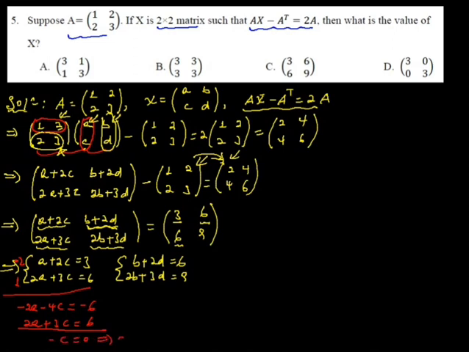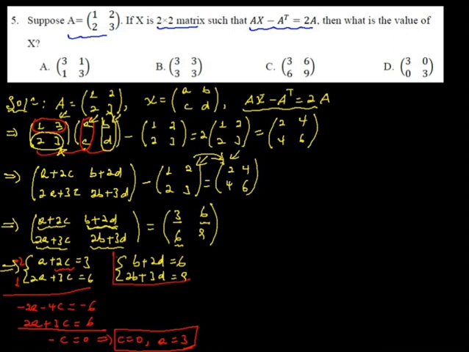This implies C becomes 0. If C is 0, use the first or the second equation. A plus 2C is 3 means A will be 3. Okay, C is 0, A is 3. This is what we get from the first system.